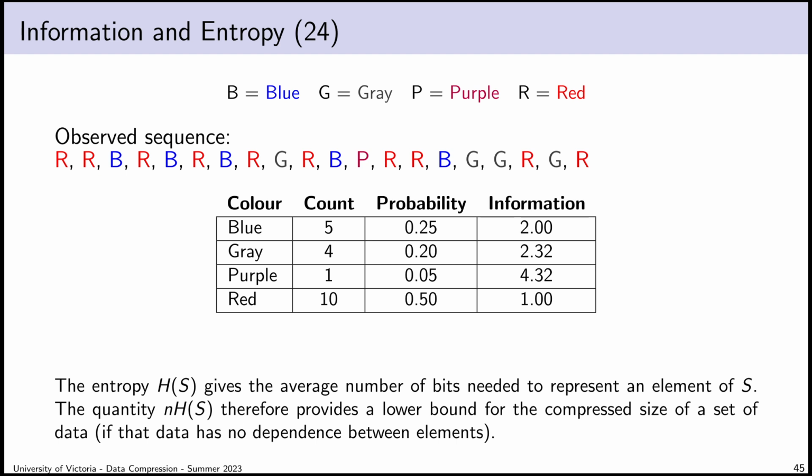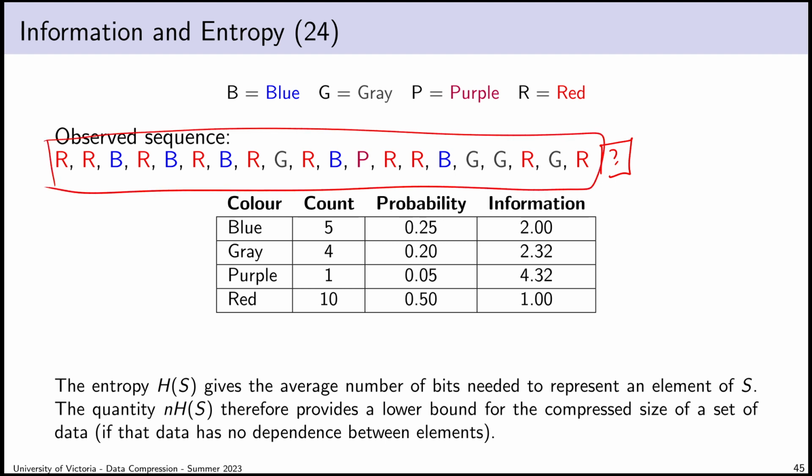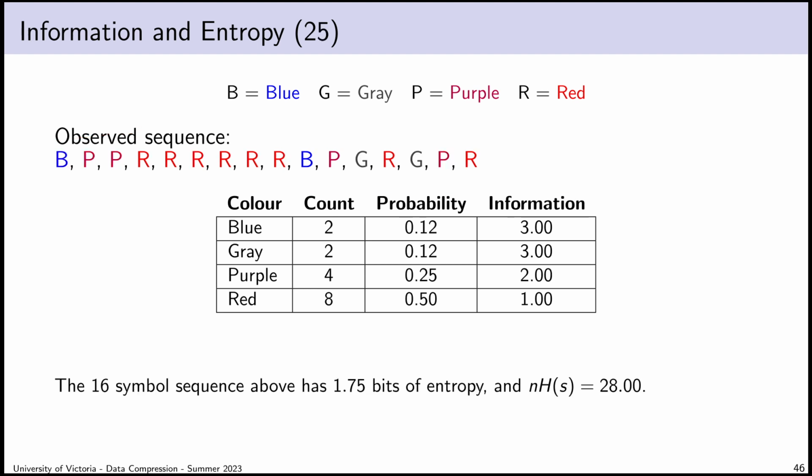And so remember that H of S, the first order entropy, gives the average number of bits per element. So if I make one more observation, how many bits should I expect to see in this? And then N times that, if I multiply the average number of bits by the number of total symbols, that should be the number of bits I need with an ideal encoding to encode the entire sequence, if there is no dependence between elements.